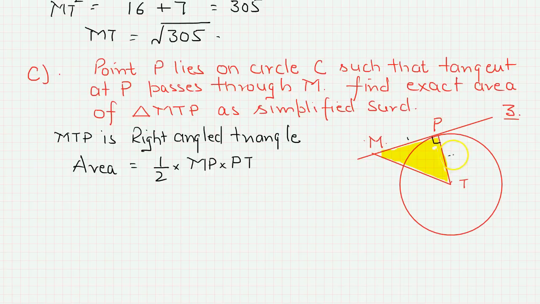Now in this question we know that PT is the radius, and the radius, as we have already proved, is 5. So this radius is 5. MP we don't know, but we know MT. So MT is equal to root 305.